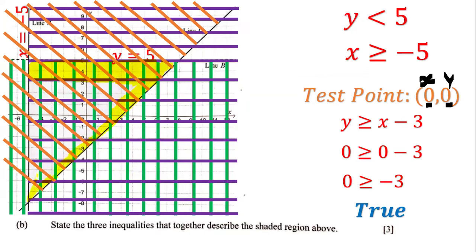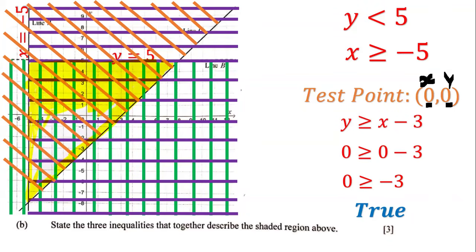And so what does that mean? That means that the three inequalities that we have can be used to describe this particular shaded region, because all three of those lines intersect right at this particular region. So we have the purple one intersect here, we have the brown one intersect here, and we have the green one intersect here.